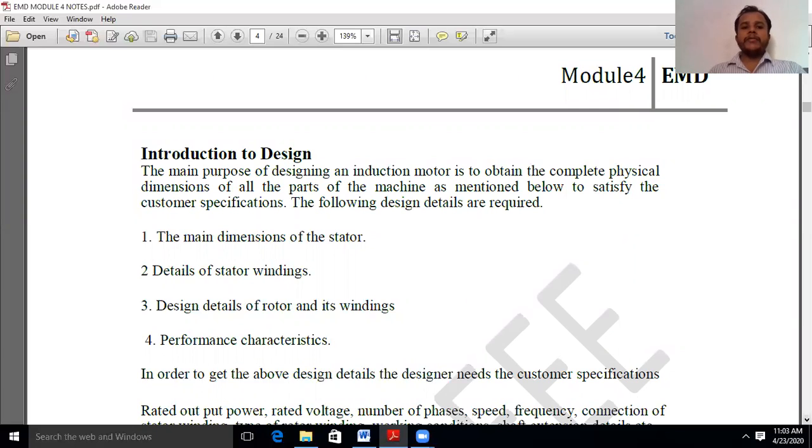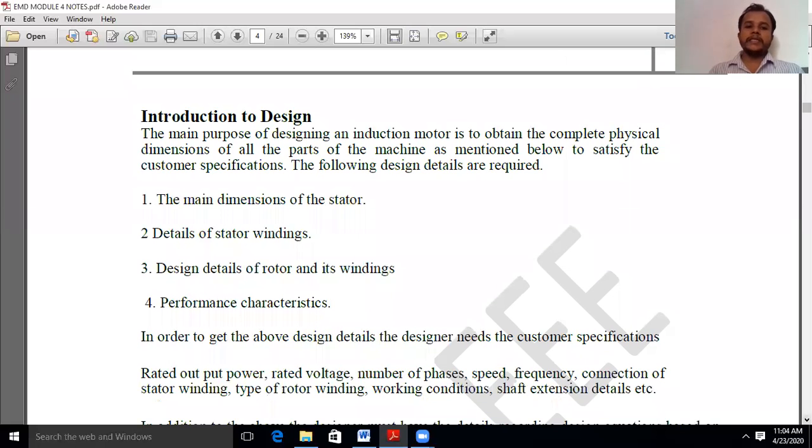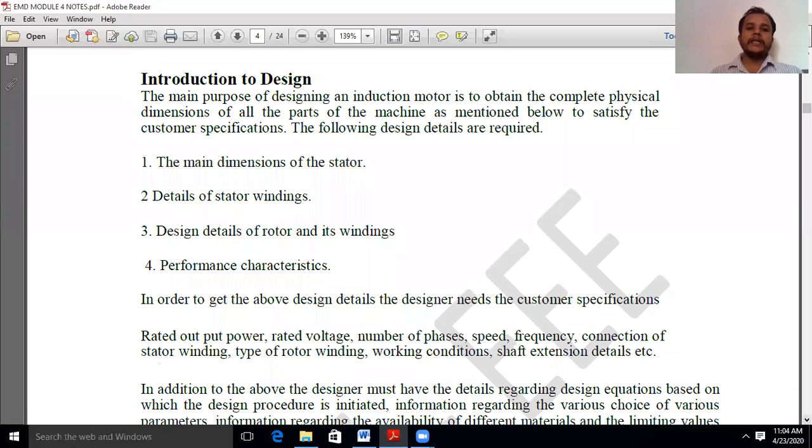In order to have proper design of an induction motor, we need the complete physical dimensions of all the parts of the machine. To satisfy the customer specifications, the following design details are required.